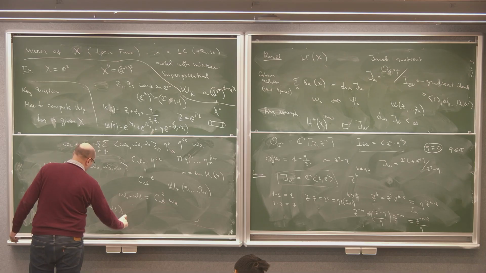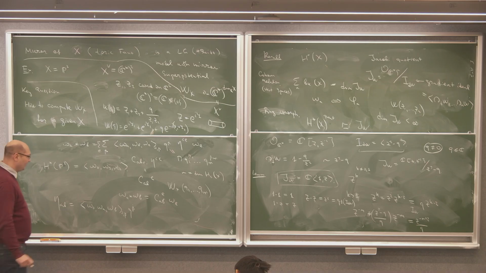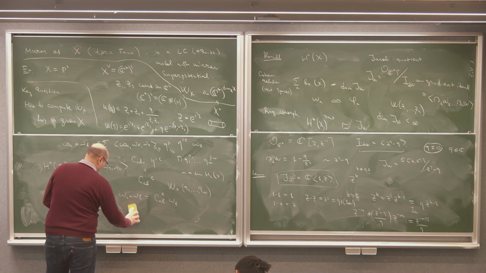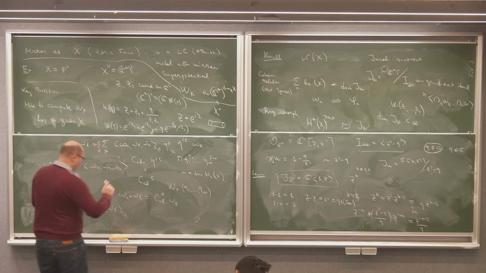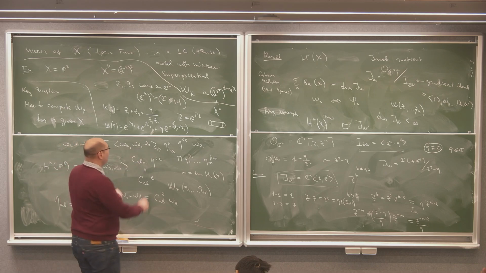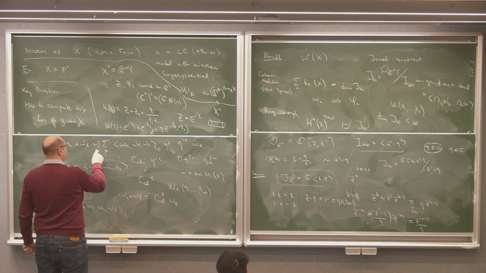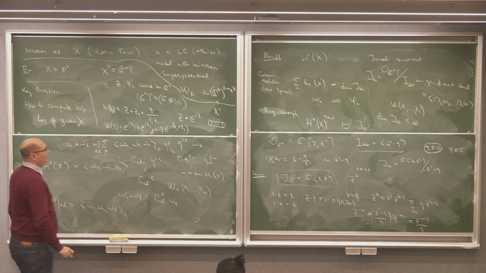Here you can write it like this, but the only term that really contributes is omega 0. Inside the bracket is omega C, and this C is summed with this C, so there is a summation over E and a summation over C.